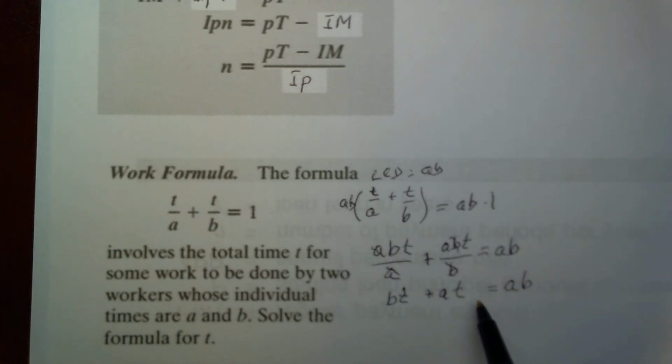Now we factor out the T. So T times B plus A equals AB.